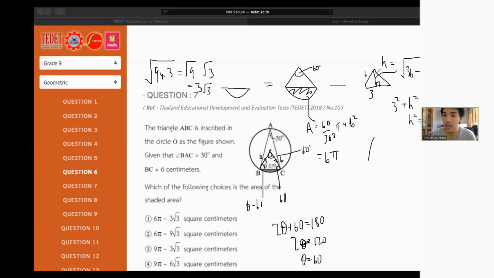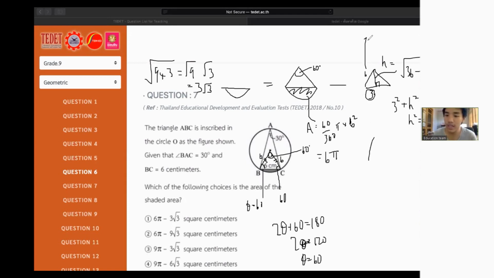Now if I want the area of this triangle, it's half base times height. The height is 3 root 3. The base is 6, so half of the base is 3.